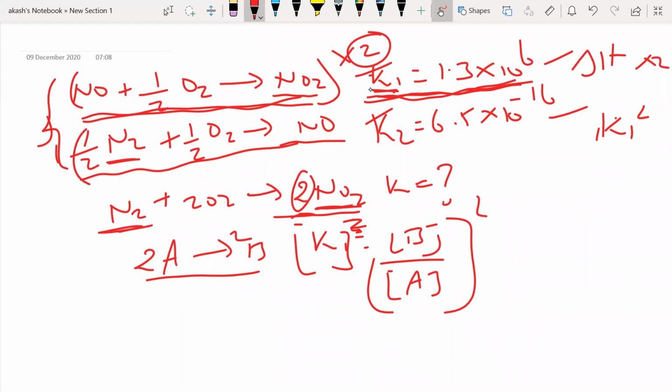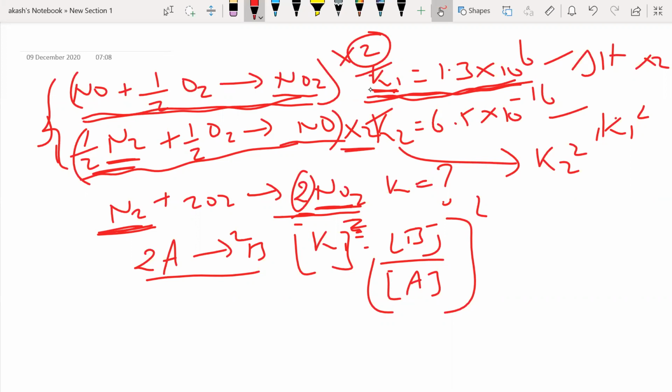So obviously this also has to be multiplied by 2. If this is multiplied by 2, I'll get 2 N2, and O2 and other things will get automatically taken care of. Don't worry about that. I require 1 N2, but here I have only half N2, so I multiplied this reaction also by 2. So what will happen to K2? K2 also will become K2 squared, because I multiplied by 2.